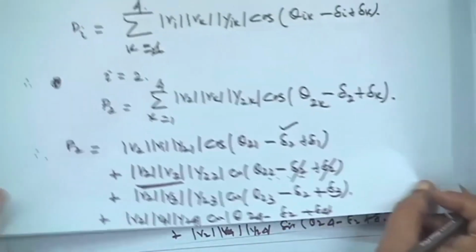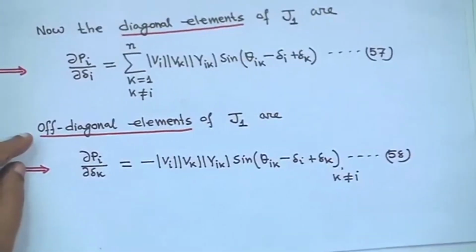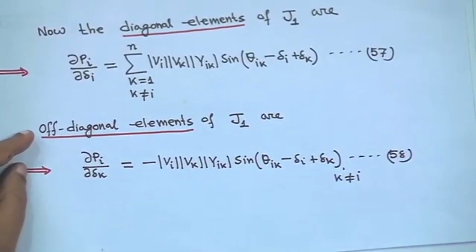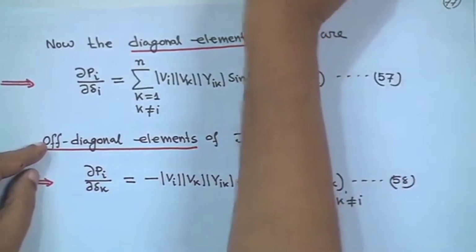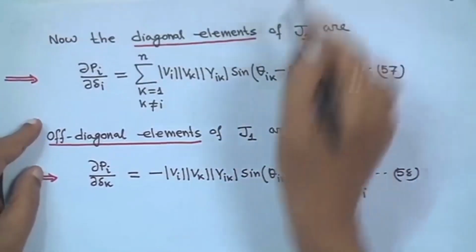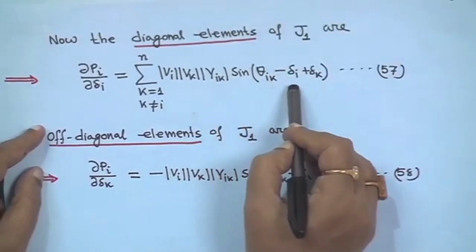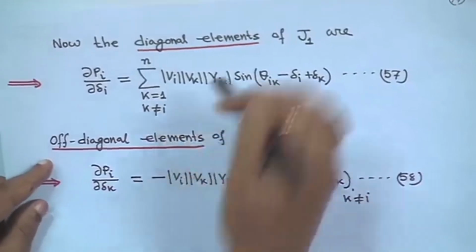That is why, when we take the derivative for the diagonal one, it is magnitude V i V k y ik sine theta ik minus delta i plus delta k, k is equal to 1 to n, k not equal to i, because everywhere sine is there.